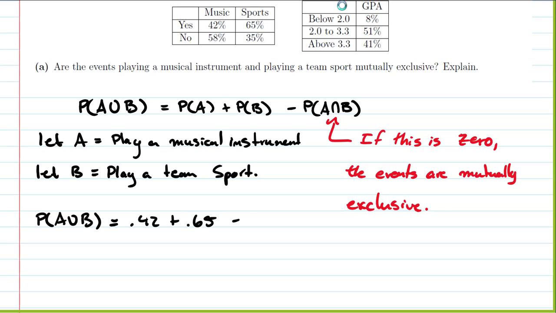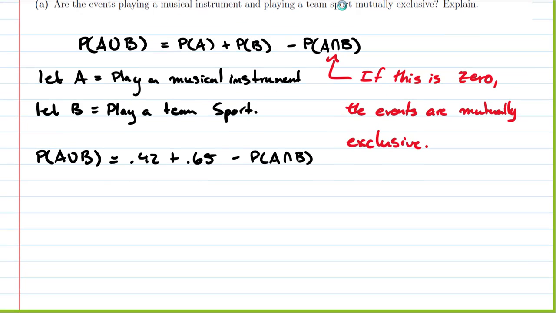So 0.65 minus the probability of A and B. So then we have the probability of A or B is equal to 1.07 minus the probability of A and B. So this is problematic. Why is that?